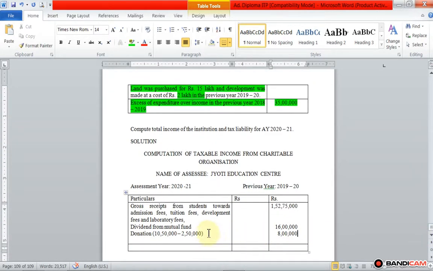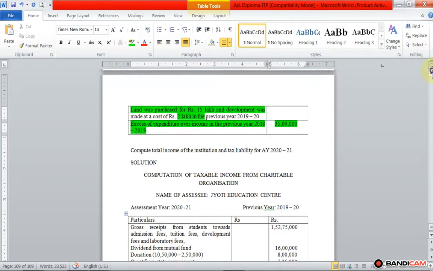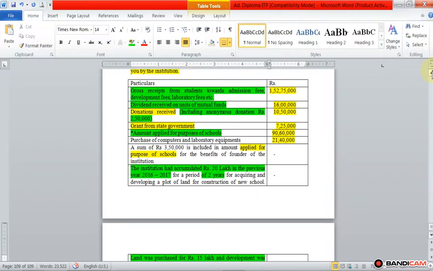Grant from state government amounted rupees 7 lakh 25,000.